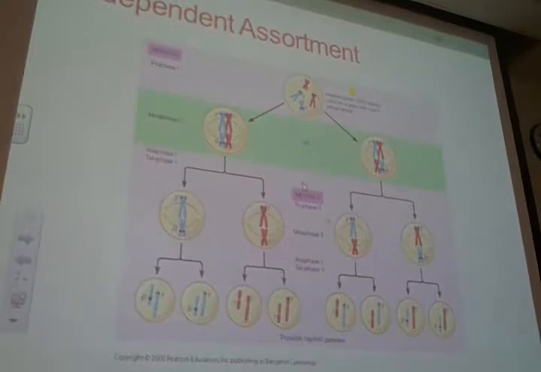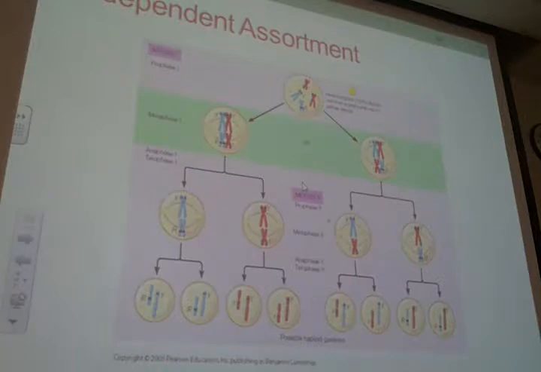So even if we didn't have any crossing over, okay, we just had independent assortment of 23 pairs of chromosomes instead of just 2 pairs, that gives us 70 trillion different gametes that each one of us in this room can create. That's not too bad.